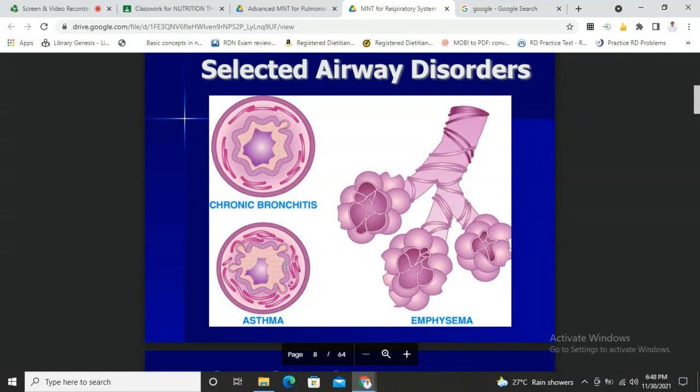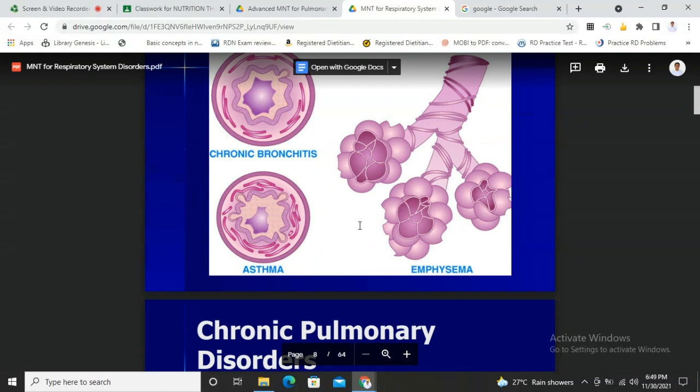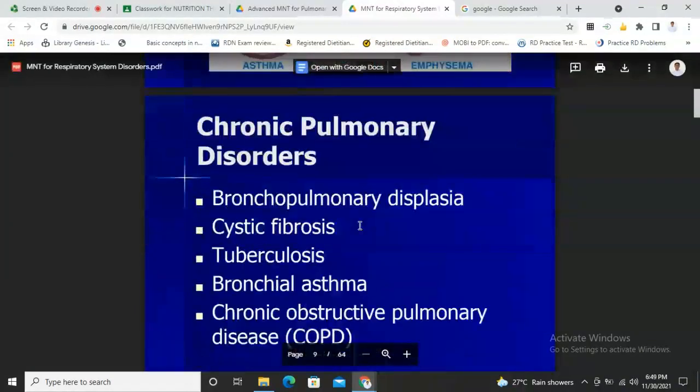What about asthma? Naay pud inflammation pero mas disordered siya compared sa chronic bronchitis. Then wala lang gipakita diri ang mga phlegm or excess mucus. Okay, emphysema, dili maayo, naay mga fibrosis, naay mga scarring nga gakahitabo. Okay, so later I will discuss the etiology of these airway disorders.